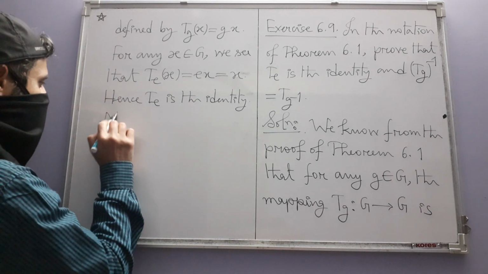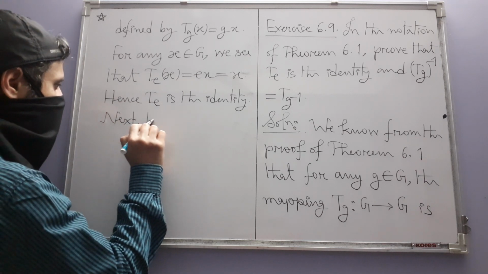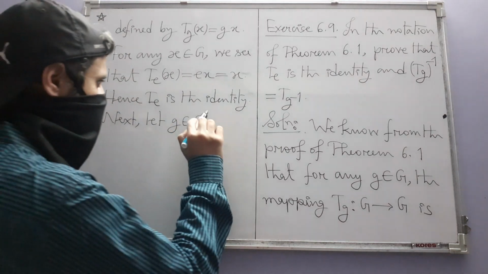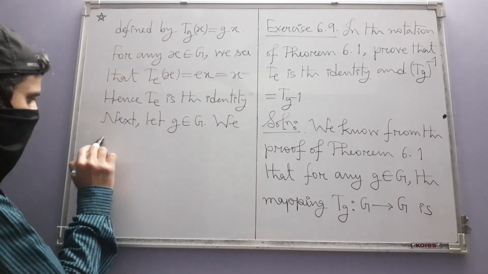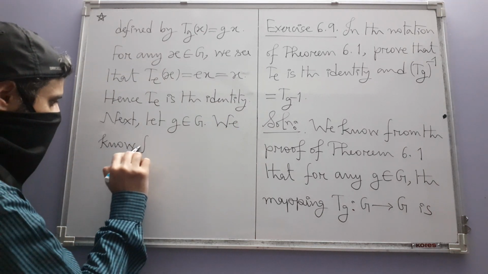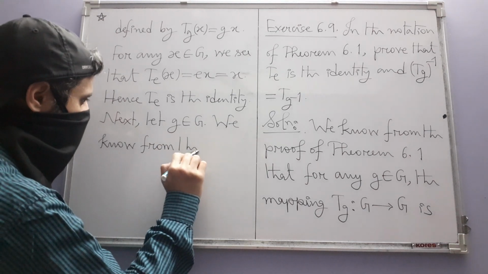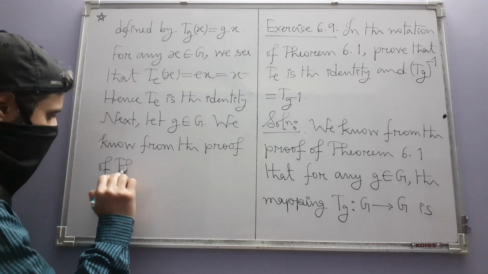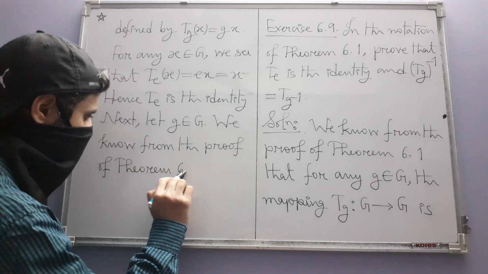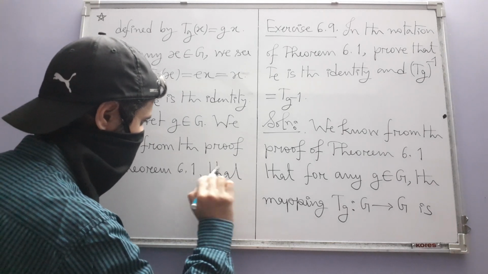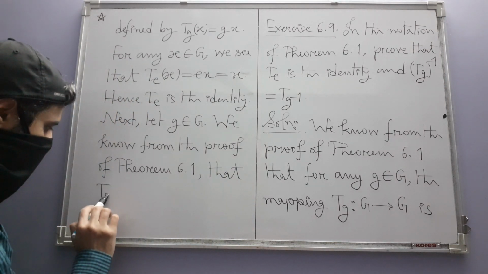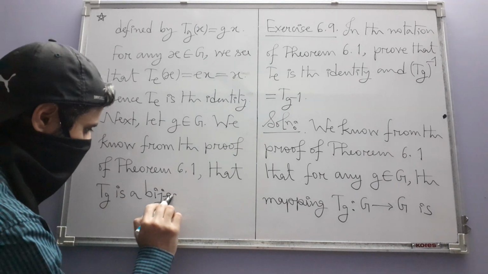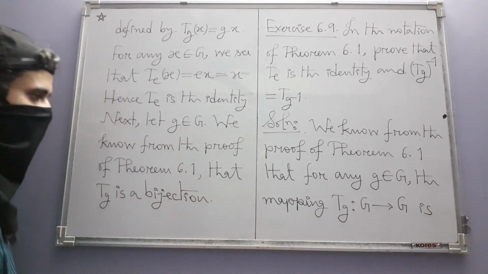Next, let g belong to G. We know from the proof of theorem 6.1 that T_g is a bijection.